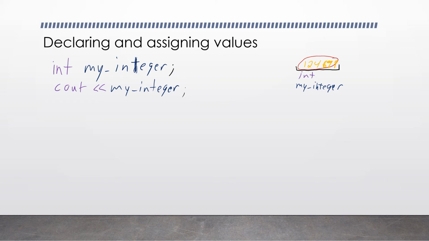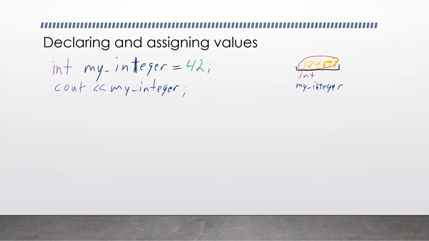So the better practice when declaring a variable is to say int my integer equals, and give it a starting value. Let's say 42.